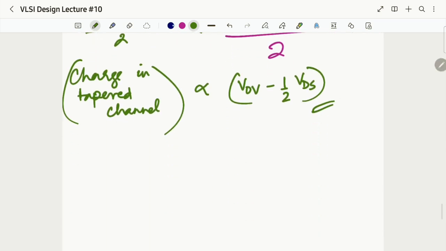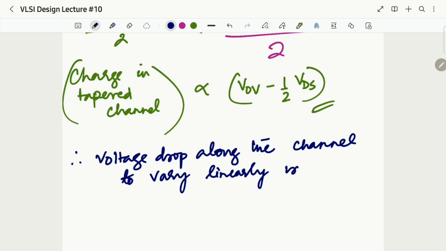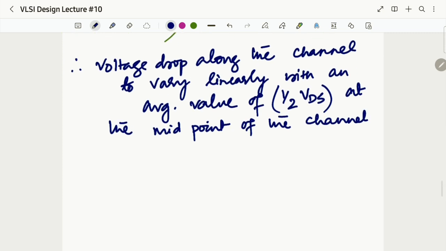Okay, so: voltage drop along the channel to vary linearly with an average value of half of VDS, okay, at the midpoint of the channel.